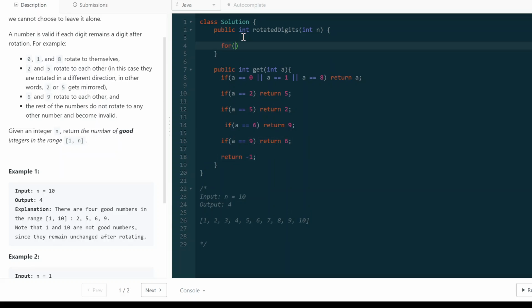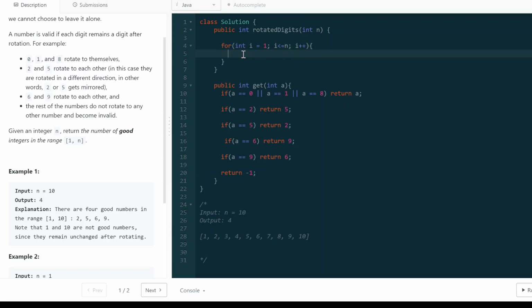Now, for each of the numbers, so i equals 1, i less than or equal to n, i plus plus, we have to build a new number and check whether that new number is not equal to i or not, right?